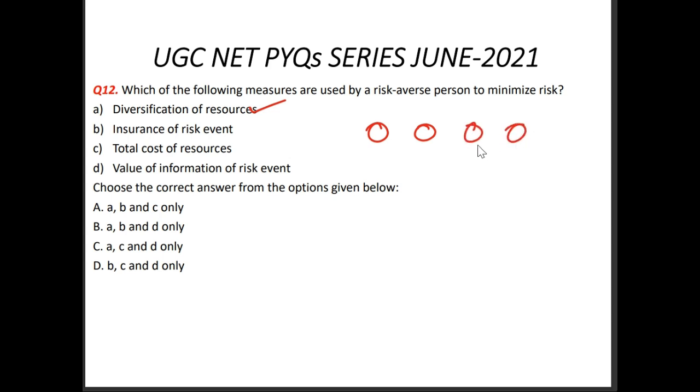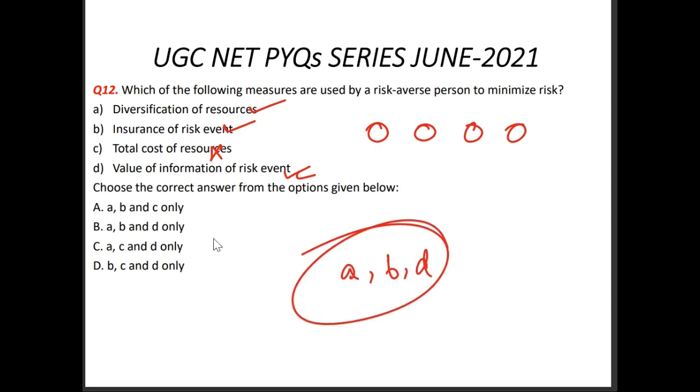Insurance of risk event, yes, उनका जो रिस्क है उसके लिए वो इंश्योरेंस करके रखेगा. Total cost of resources no. Value of information of risk event, yes, the information of risk को रिस्क अवर्स पर्सन वैल्यू करता है.